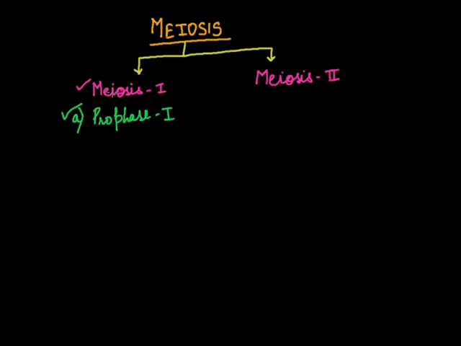In the diplotene stage, the synaptonemal complex starts dissolving, that is, the homologous chromosomes start separating from each other, but at some places the non-sister chromatids remain attached, and that point of attachment is called chiasmata. While in diakinesis, the chiasmata shift towards the end and the nucleolus and the nuclear membrane degenerate.